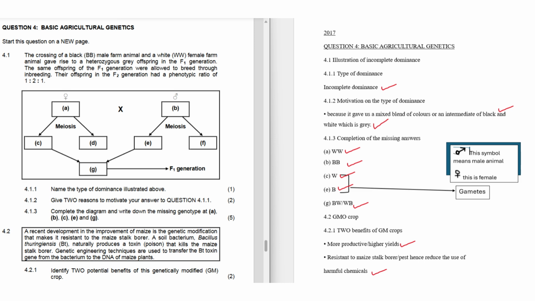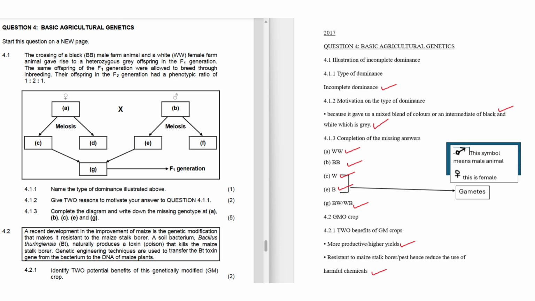So this shows us that this offspring has a new color that is not similar to the color of the parents, because the parents have black color and white color, but this offspring has gray color. That means this type of dominance is incomplete dominance.